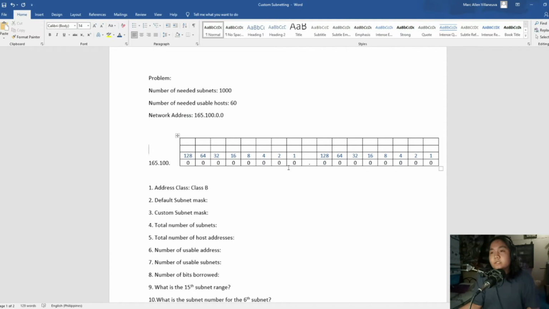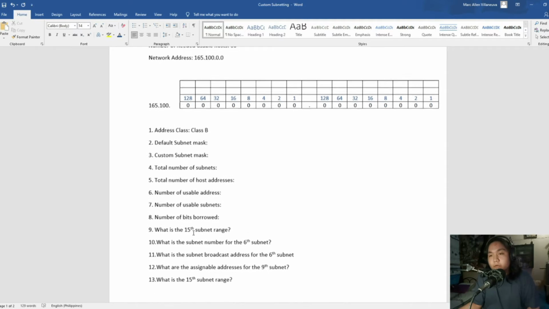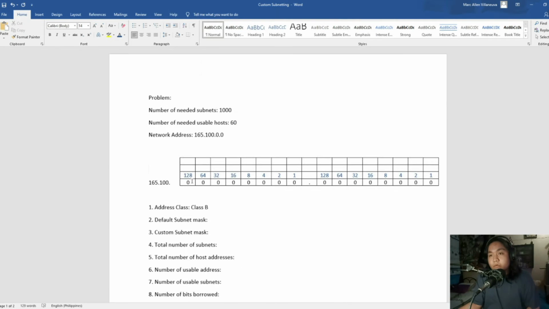Next, since we are asked for the total number of subnets in our problem, we're going to write the subnet above the decimal value, starting from the left side to the right side. And we also need to start at 2.